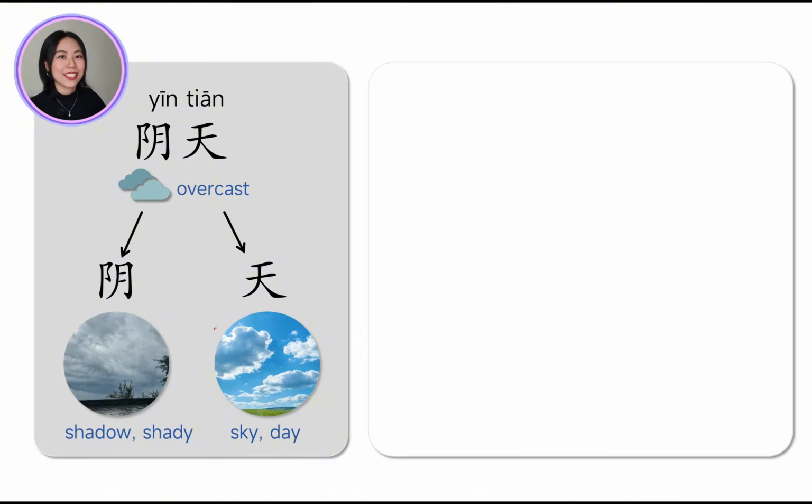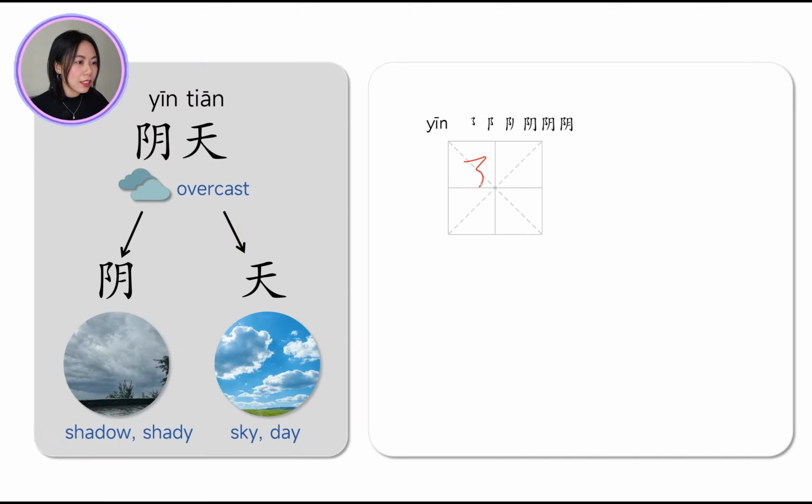Let's try to write the 阴天 in a 田字格。阴 it's a left-right structure. 一 Okay, see, the first stroke is kind of tricky, but you can do it. 二、三、四、五、六 Very good.